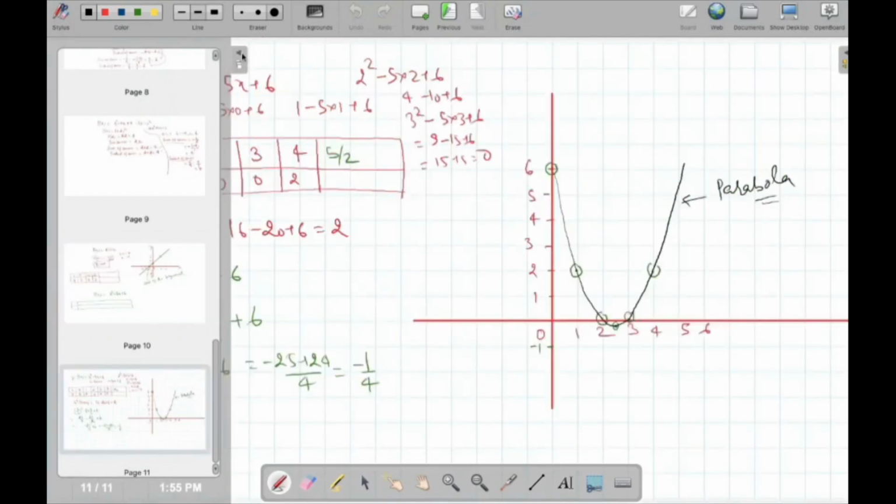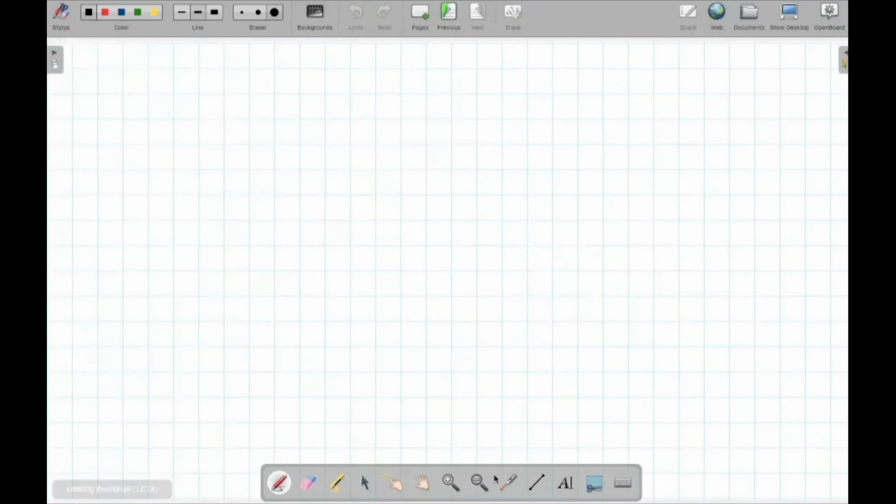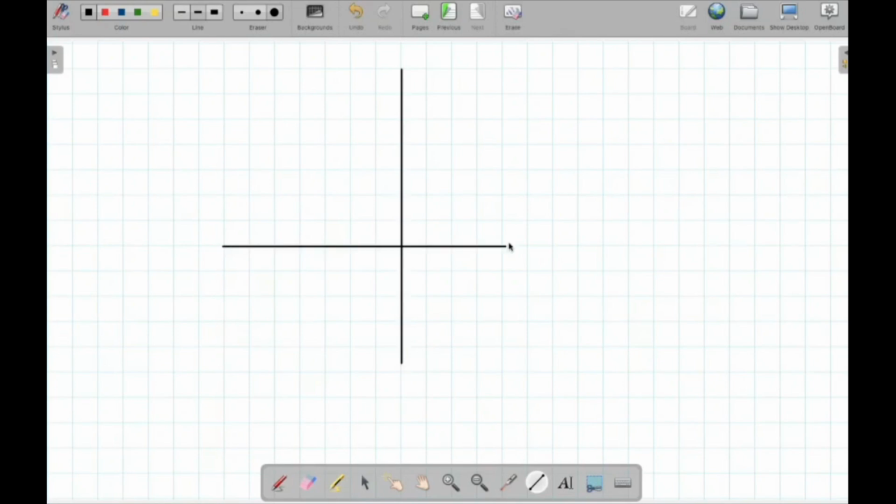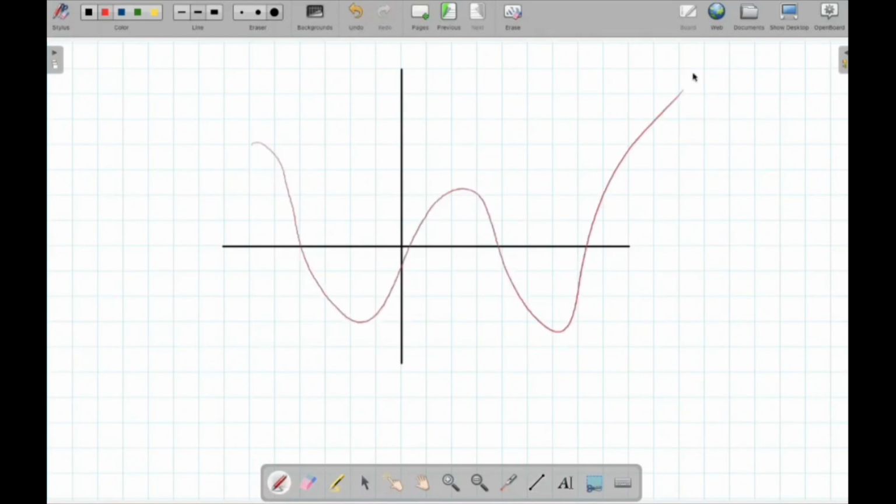Similarly, if it is a cubic equation, you would see that the graph might look like this at times. There will be various polynomials. The graph could look like something like this also. For example, there can be a graph which can look like this.